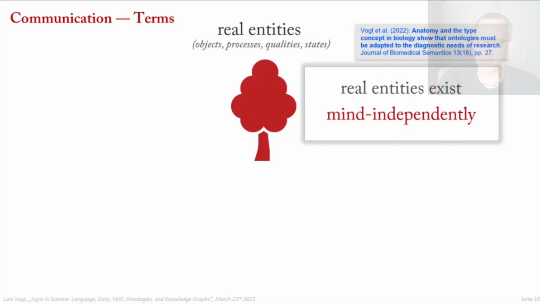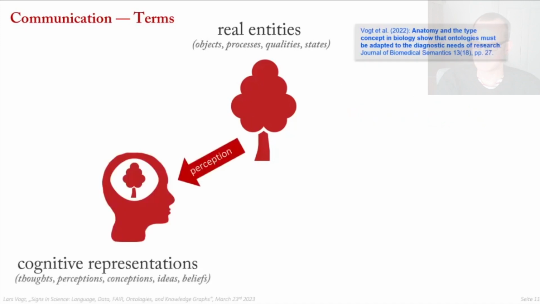So they are mind independent. And then through the process of perception, we build cognitive representations of these real entities. So when I look at a tree, I don't have a tree in my mind, of course, but I have a cognitive representation of that tree. Cognitive representations are thoughts, perceptions, conceptions, ideas, beliefs about real entities.